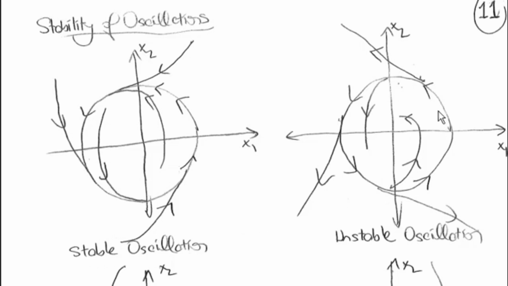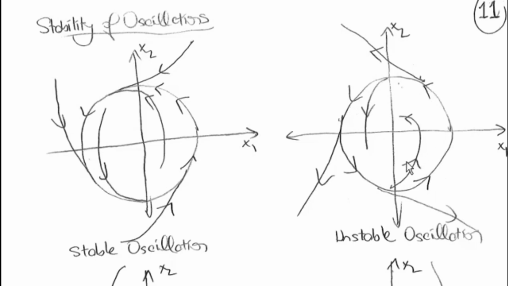In the other figure, I have exactly the opposite case. If I start the system very close to the original oscillation, but not exactly on the oscillatory trajectory, the trajectories get away from the oscillation. Maybe there is an equilibrium point here, and they converge to that one. Similarly, outside the circle, if I start the system very close to the original oscillatory trajectory, the trajectories get away from the oscillation.